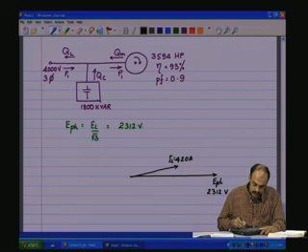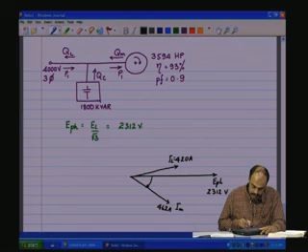With respect to this, the motor current is going to be lagging, and that is 462 amps. This is IM, and it is lagging by the power factor angle as given, which is 25.8 degrees.